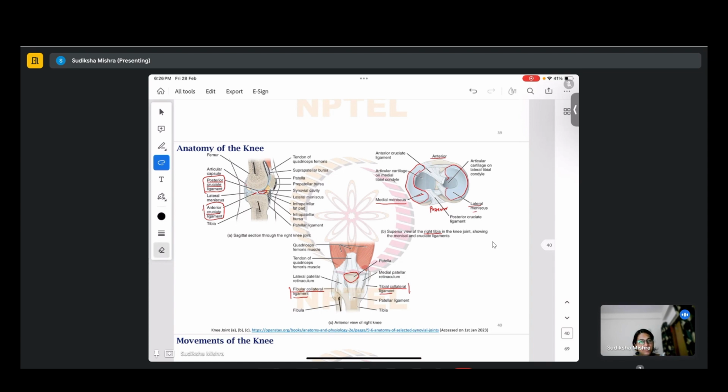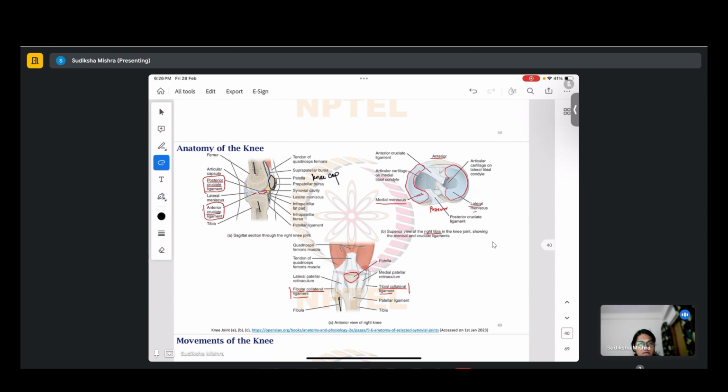So basically it needs to be able to move and it needs to be stable, both things. Okay, and because of that, there is one more bone, the patella, which is the kneecap. This is also called the kneecap in common language, which forms a covering on this particular joint.